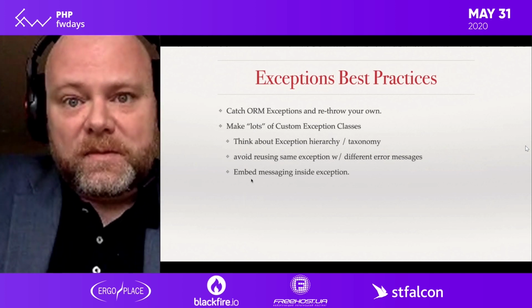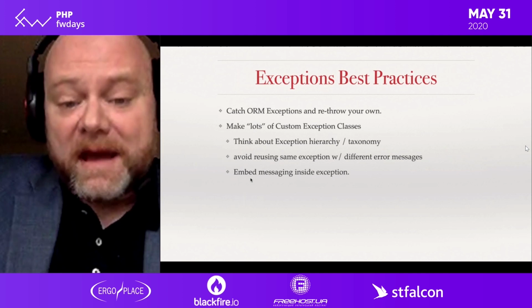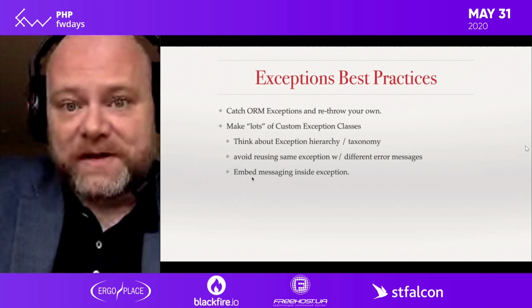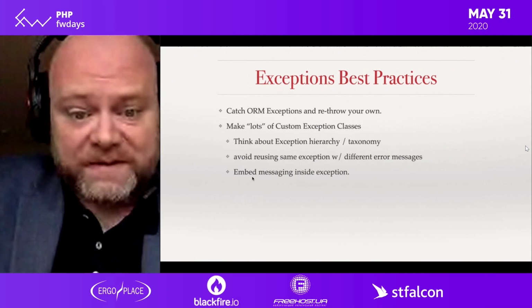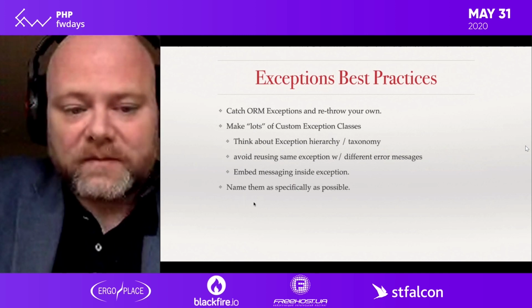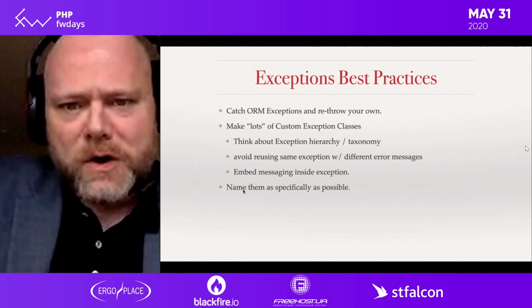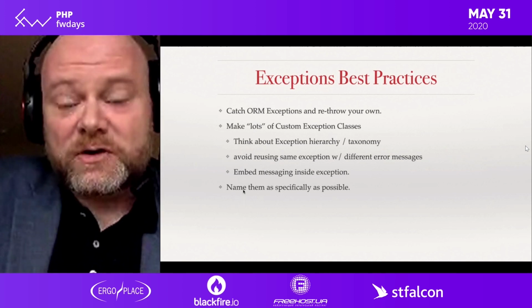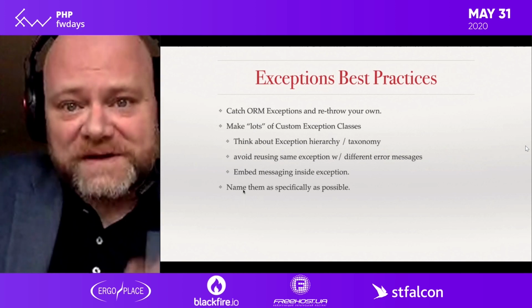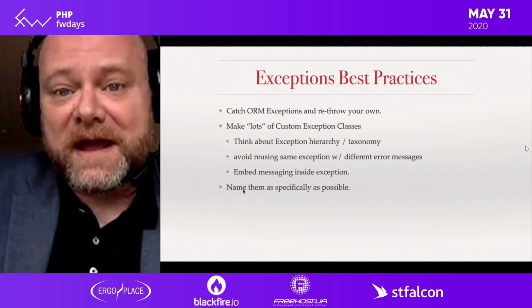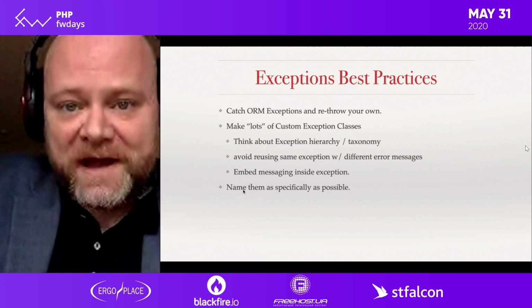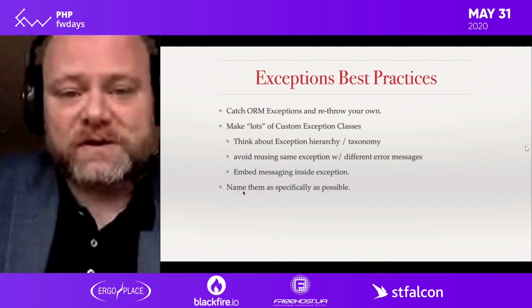It's a good idea to embed a helpful message inside of the exception. That's why there is a message field on an exception class. And try to give them very specific names, right? Don't say, you know, resource not found exception. Try to say a user was not found, right? That is a helpful class name. User not found exception.